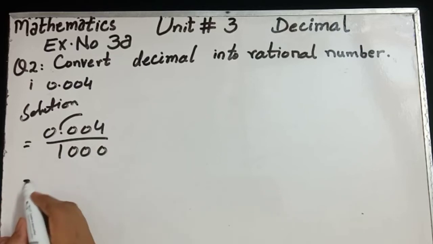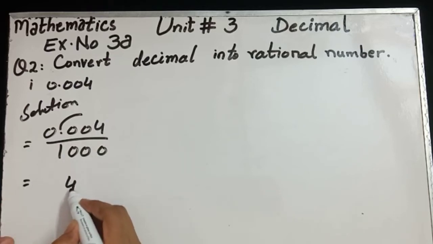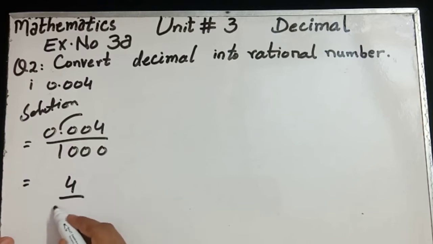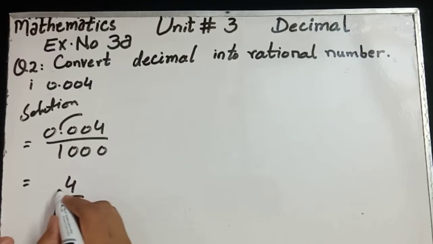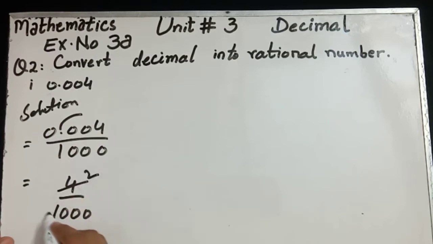So in the next step we write like this: 4 upon 1000. Okay, now we reduce it. 2 2s are 4, 2 5s are 10, 0 as it is copied.